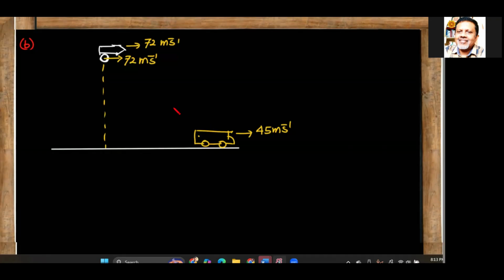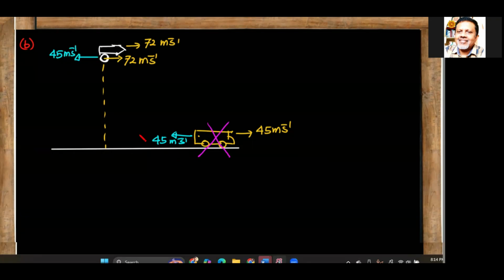Okay. And now we have to stop this truck also to consider the motion of the bomb, the second bomb, relative to the truck. For that, we have to subtract 45 meter per second. Then we can see the second truck is now at rest. And if you want to see the relative motion of the bomb, right, then we have to give the same 45 meter per second velocity in the reverse direction to the bomb also.